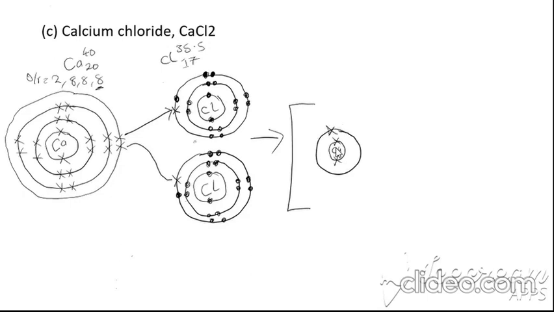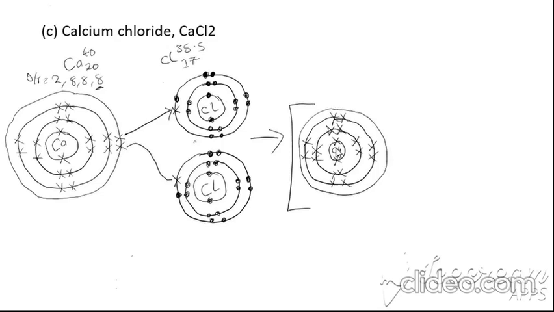It's having how many? 8 in here, like that. And then let me draw the other shell like that, like that, like that, like that. So how many shells are here? 1, 2, 3.